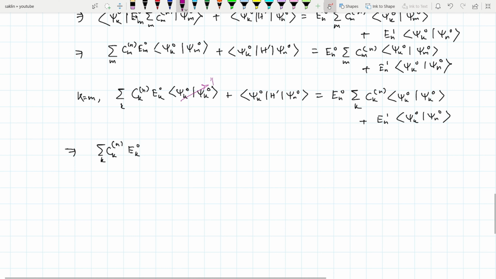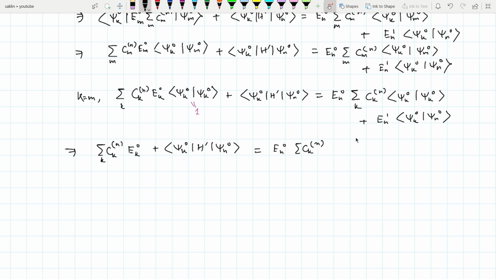And here you can see Ckn, and this will also be 1. Yes or no? Yes. Here that can be written as En1 psi k0 and psi n0.